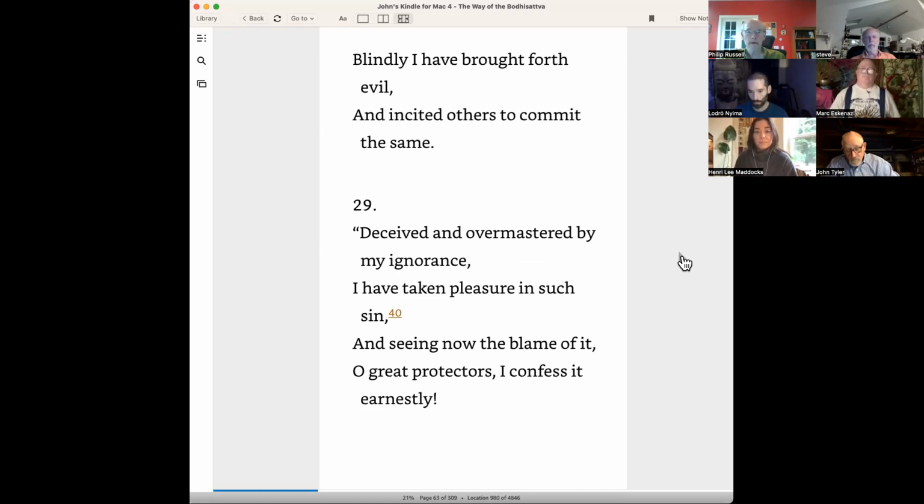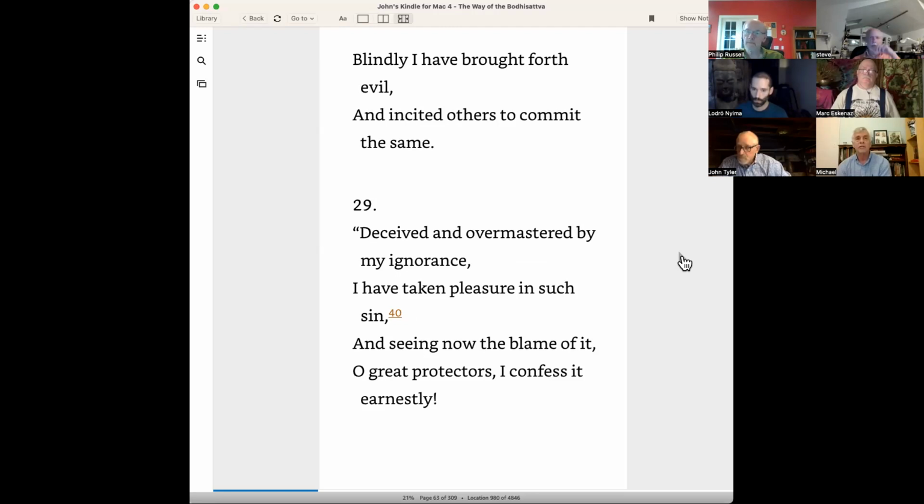Okay, so here we're beginning with confession, and it's traditionally said that there is the confession in the Buddhist sense, which again is not a question of self-debasement or self-denigration of any kind. It's really a way of trying to overcome our habituation to ego clinging, our habituation to passion, aggression, and ignorance, to the kleshas.